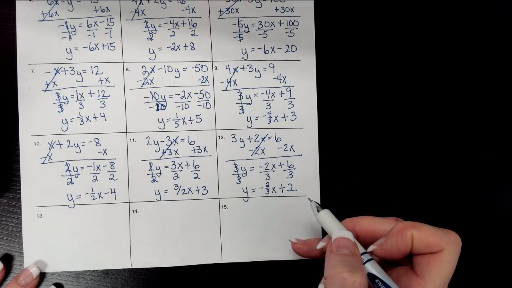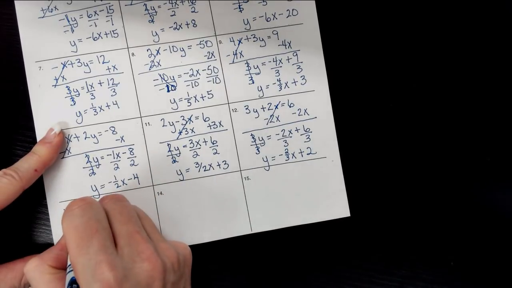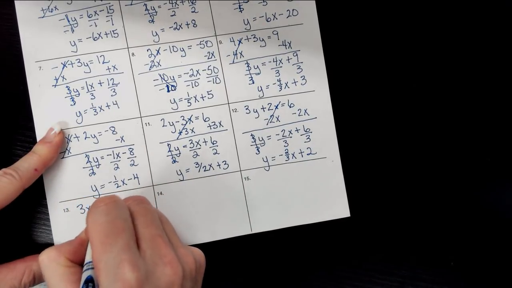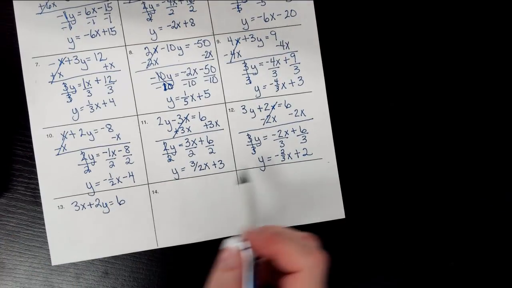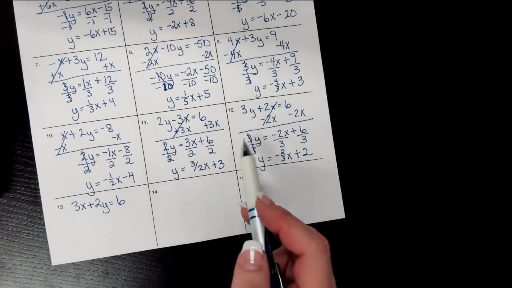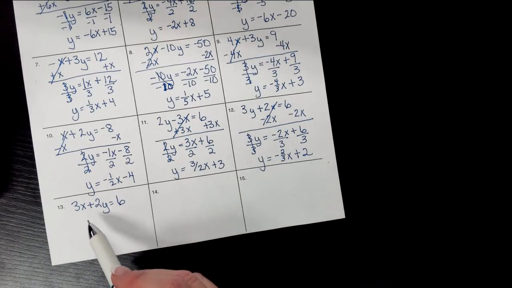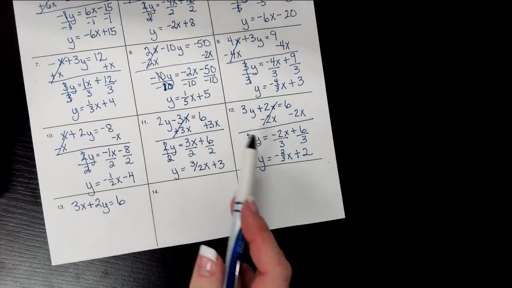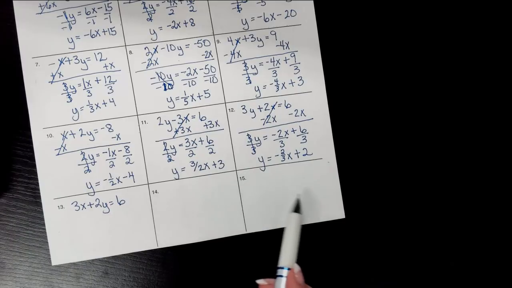All right, let's try this one. Let's do 3x plus 2y equals 6. Now notice it's very similar to the one we just had, but the last one was 3y. This one has 2y. The order has been changed, so you've got to pay attention to these. Notice we had the 2's and 3's over here again, but we do get different answers.